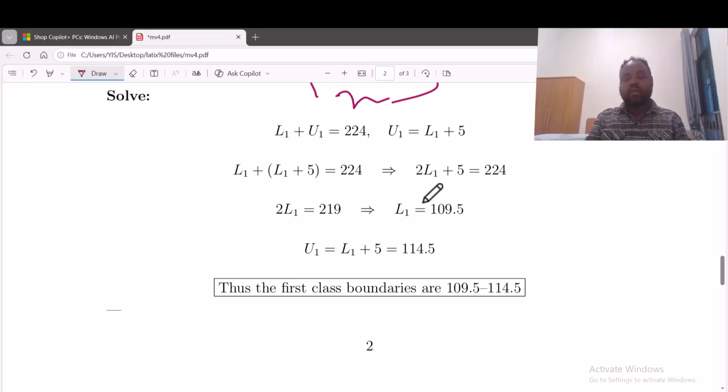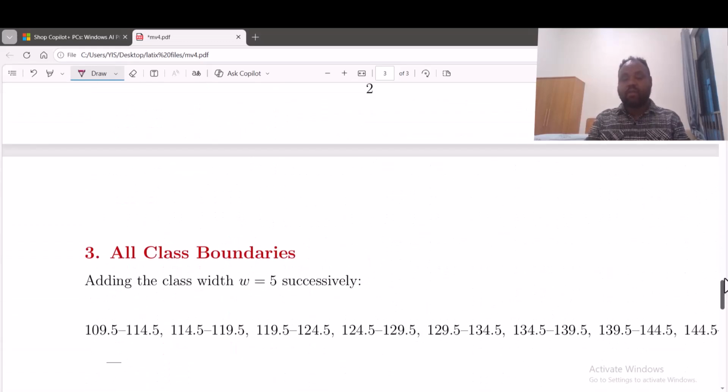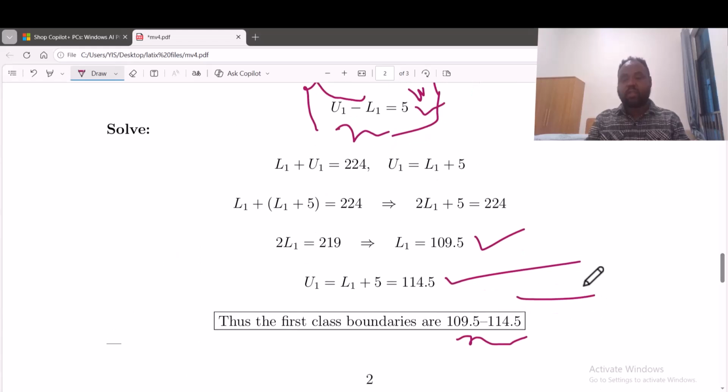Therefore, the lower class boundary of class 1 is this number, and the upper class boundary of that class is this one. If the first class boundary is obtained, the next is easy.